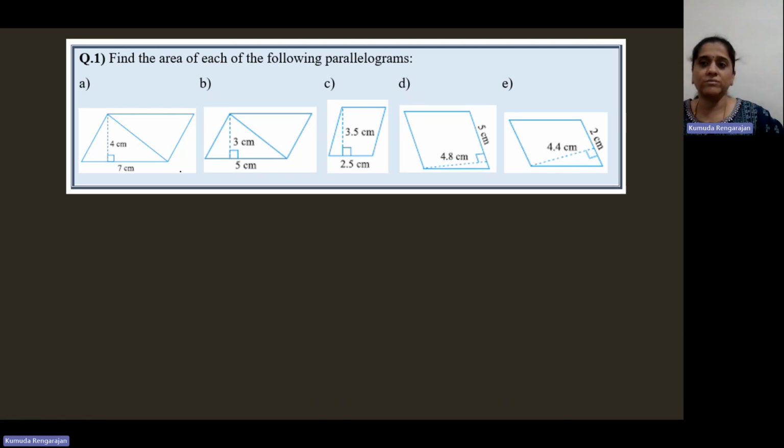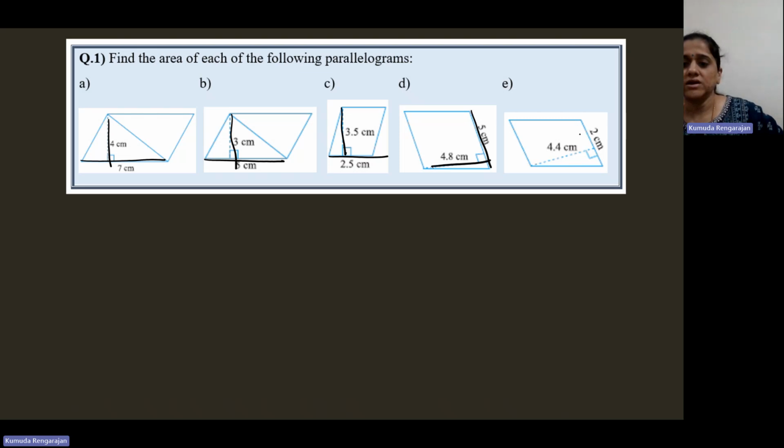All these are parallelograms. So base into height, base into corresponding height, base into corresponding height, base into corresponding height, base into corresponding height. You can see the altitudes fall on that side. Okay, so in all these figures, you're given the length of one side and its corresponding altitude.